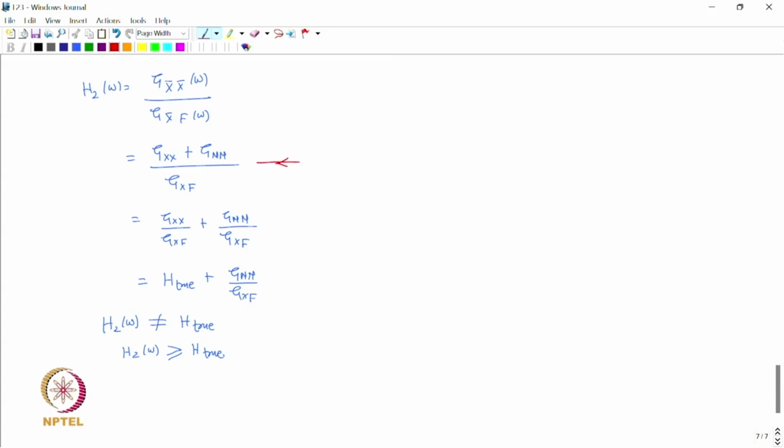In the numerator we have the sum of the auto spectrum of the response signal and the noise signal, and Gnn is always positive, because it is the square of the magnitude. So the numerator will always increase because of the non-zero noise in the output, and because of this H2 omega will always be either more than or equal to H true omega.